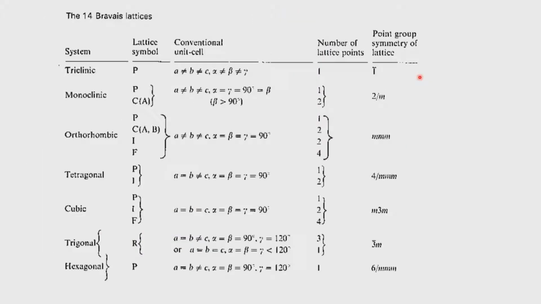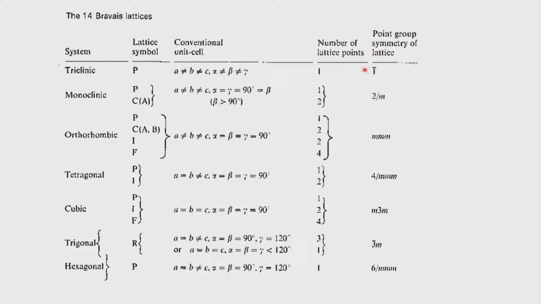So, we therefore have the next slide, which shows us the possibilities of what kind of lattices we can associate with each one of the 7 crystal systems. So, we have for example here triclinic. Triclinic is associated with the lattice symbol P, which is an accepted symbol, and then we have a, b, c not equal, alpha, beta, gamma not equal, that is the definition of the unit cell.